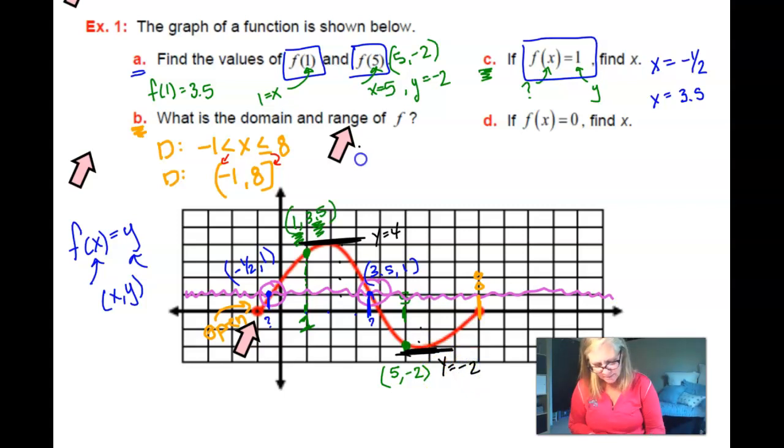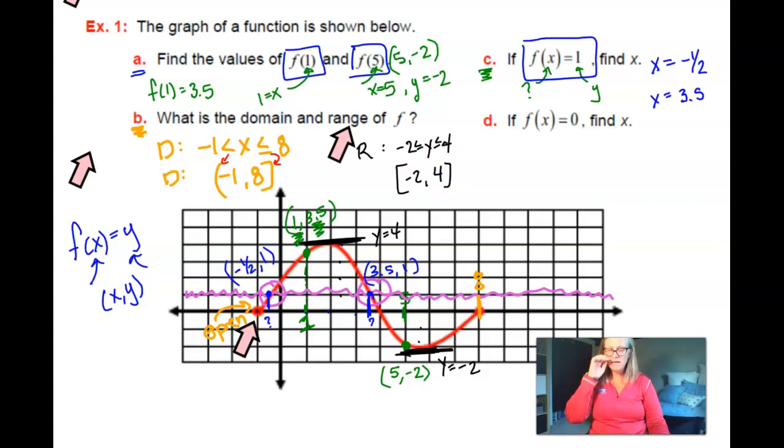So I can say that my range is going to be all of the values between negative 2 and 4, all of the y values in between there. Or I can write it negative 2 to 4, like that. And again, with those kind of compound inequalities, the brackets are really easy, and that's a good way to do that.